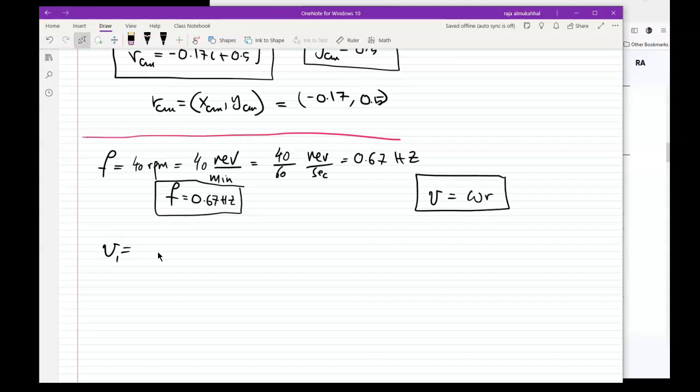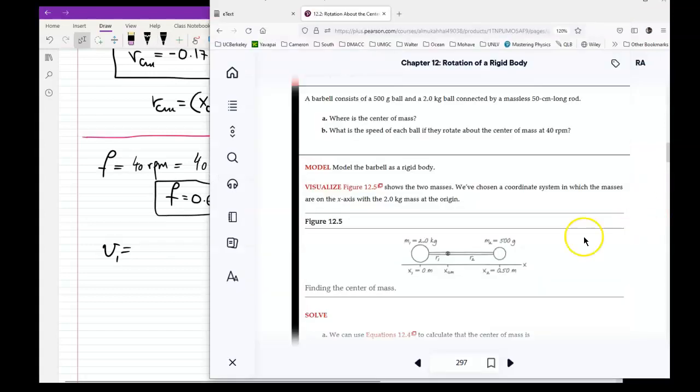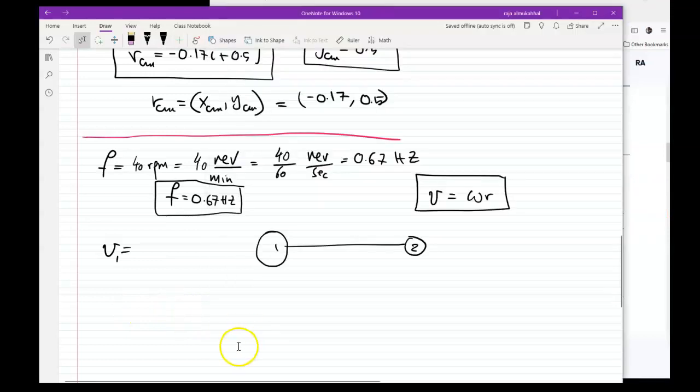The velocity. Okay, so if I'm going to draw this again, here is the smaller mass, 2, and here's the bigger one. Is that how it looks like? Yeah. So this one is going, and that is the center of mass right here. So this one is going this way, I'm going to call that V2. And then this one going down this way, this is V1.